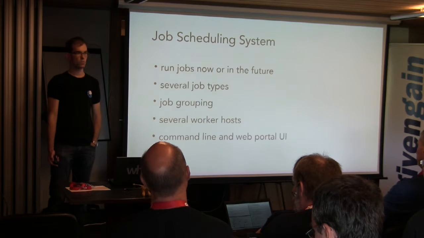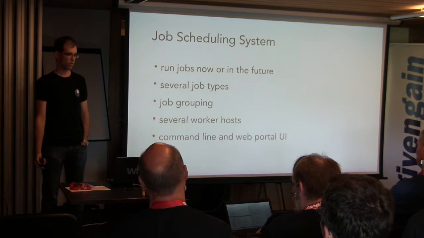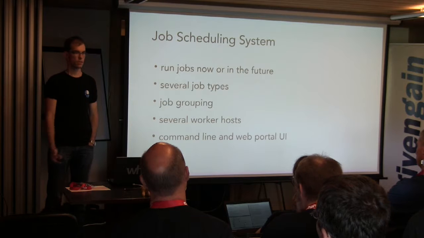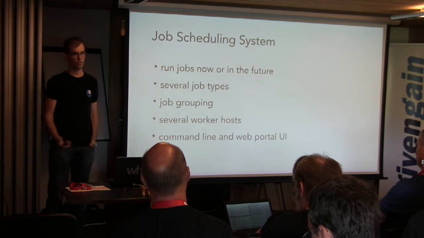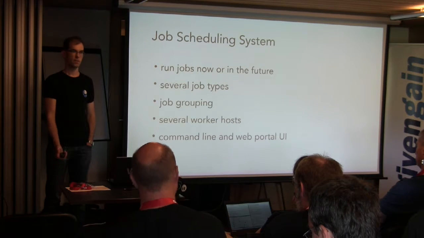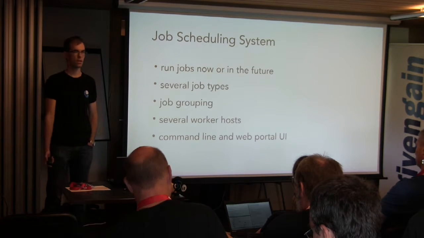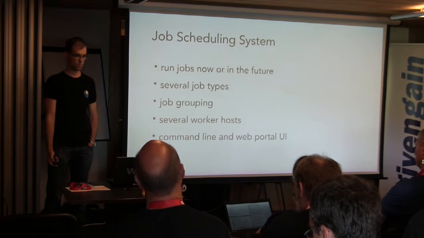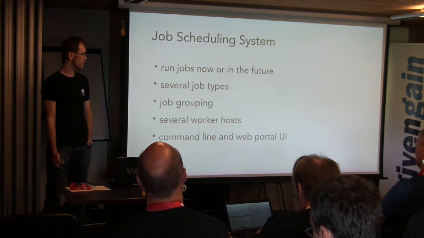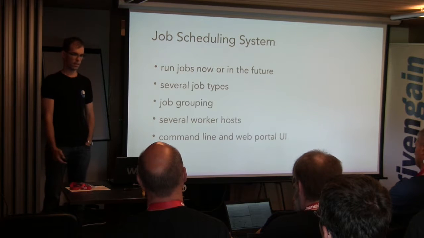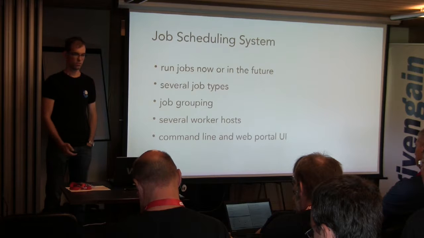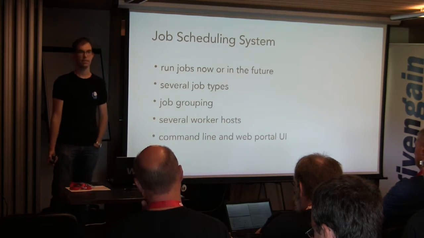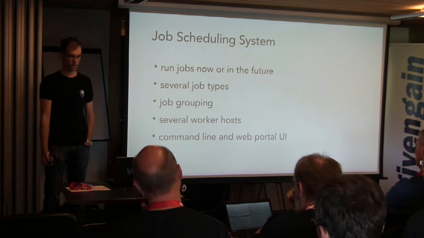Then they should run on several worker hosts, like this Bastion host, so that we achieve on one side better availability if one goes down, and horizontal scaling. And finally, we want to have a command line interface, and also the web portal should be able to show what's going on in our job scheduling system.